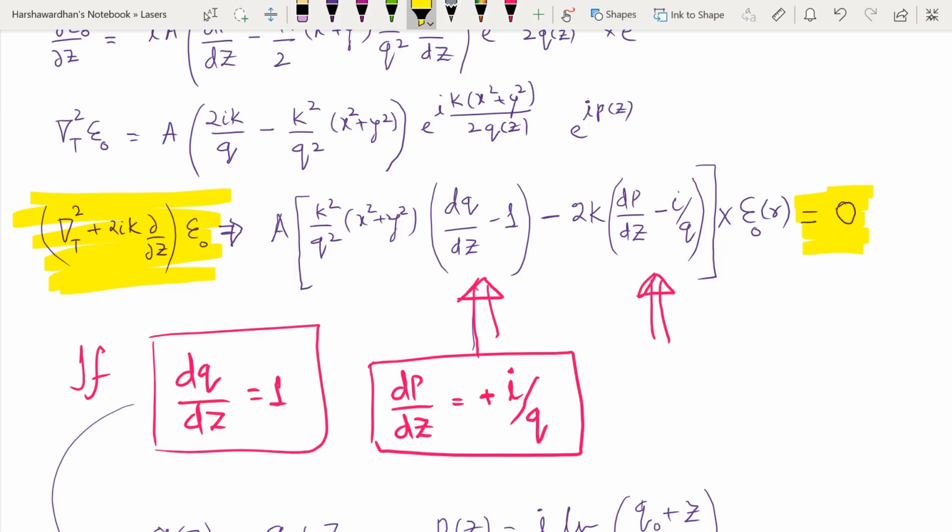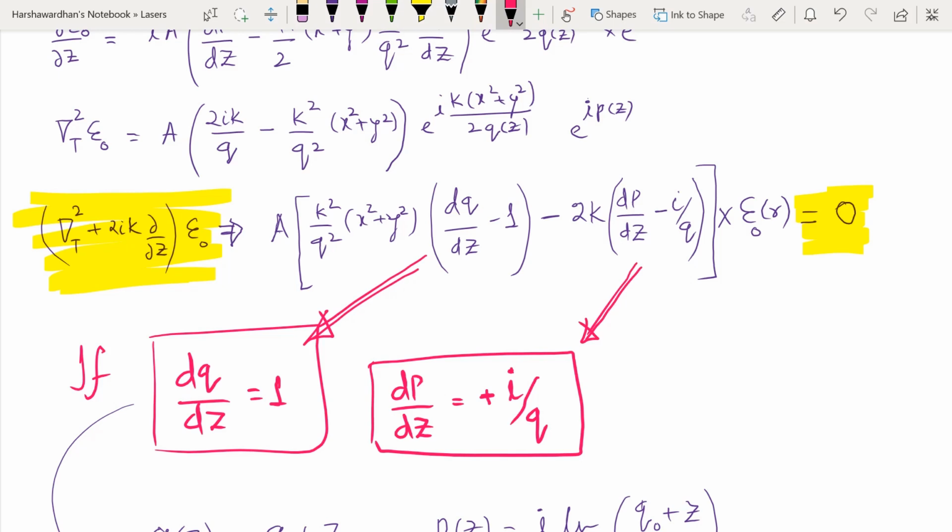Now to choose that to be equal to 0, I do the simplest thing at hand, which is to choose that my dq over dz is actually equal to 1, right? This is giving me this equation, right? And the dp over dz, I have chosen it to be i by q.